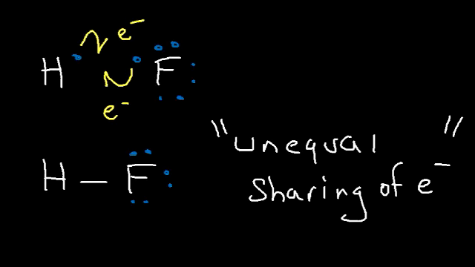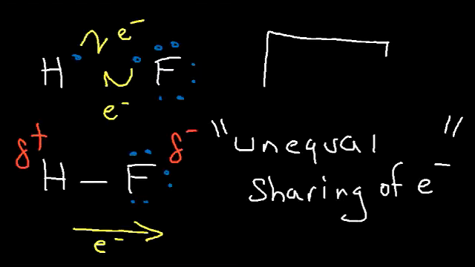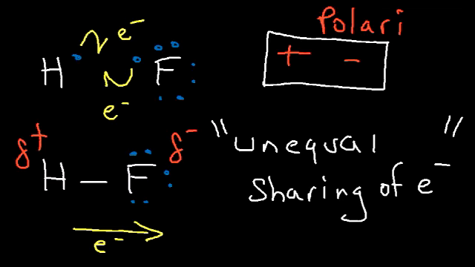Fluorine is more electronegative than hydrogen, and so fluorine is going to pull the electrons toward itself. As a result, fluorine is going to acquire a partial negative charge, and hydrogen is going to be partially positive. Whenever you have a substance where one side is positive and the other side is negative, you have a polarized substance. That's what it means for an object to be polar.